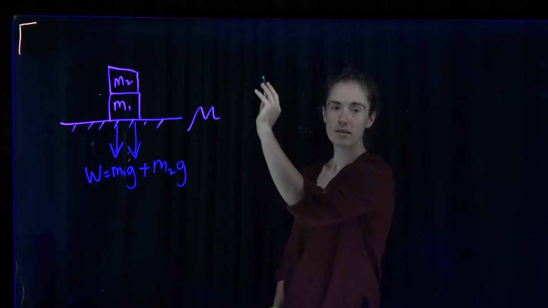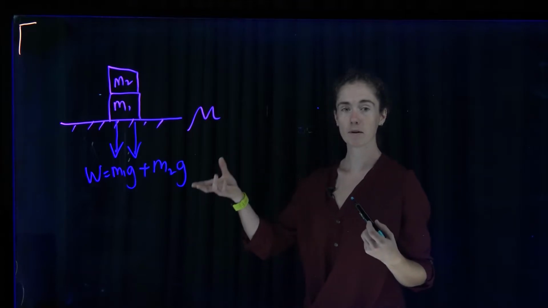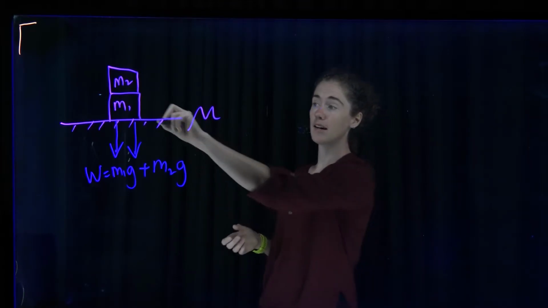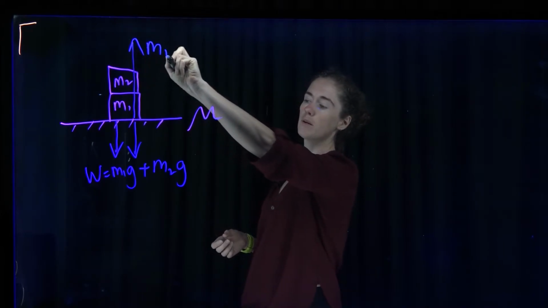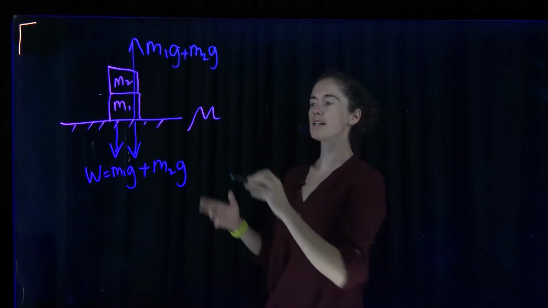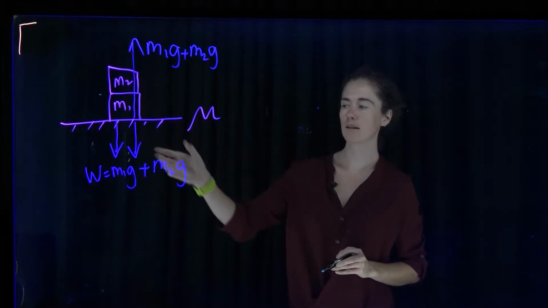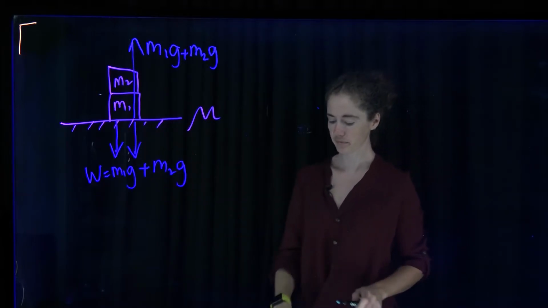Because our net downwards force has increased, that's going to have a corresponding equal and opposite increase in our reaction force, which will now equal m1g plus m2g. And I've tried to make that arrow approximately twice as long, or the combined length of these two vector arrows.